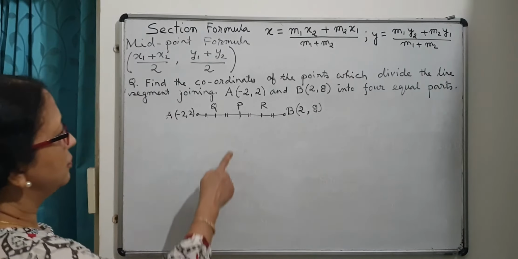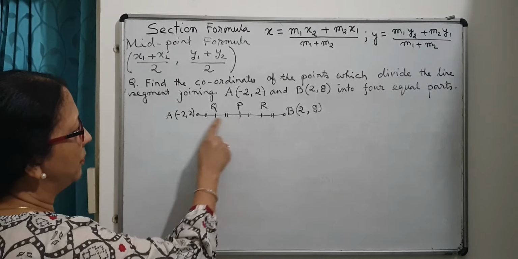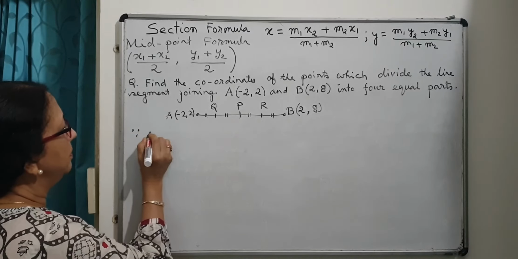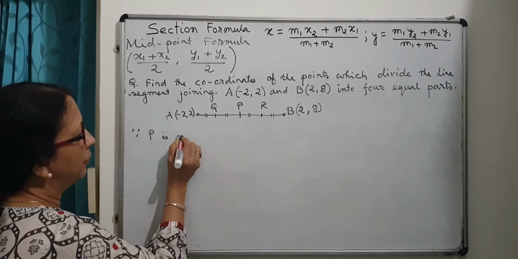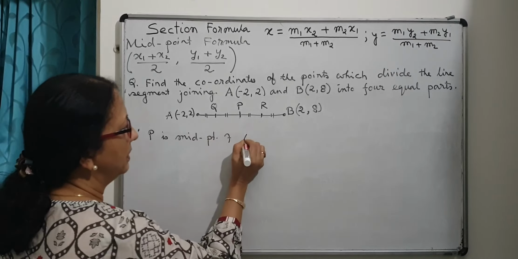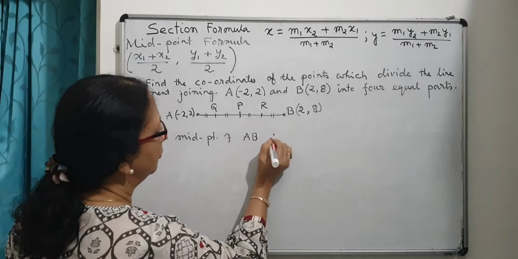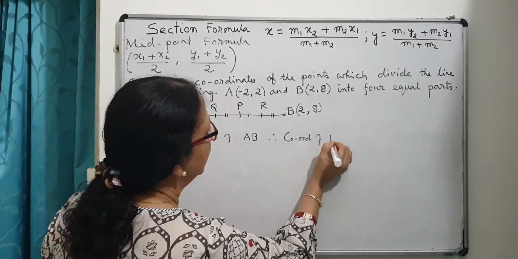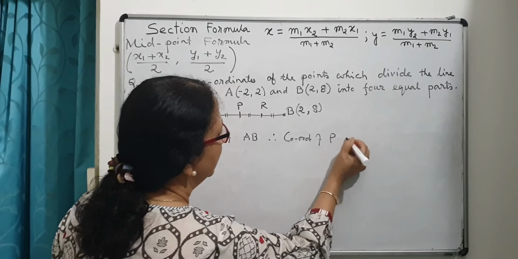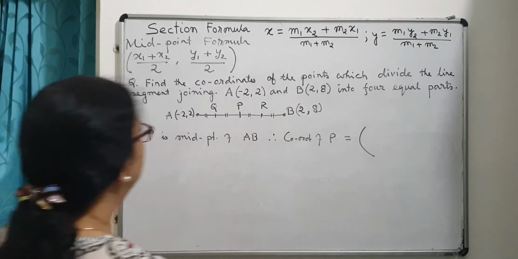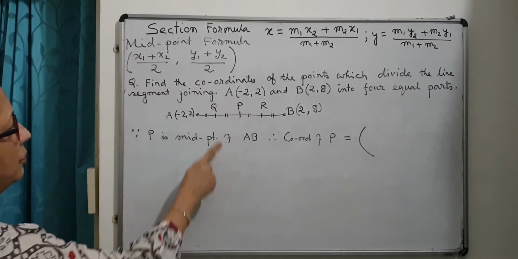So first of all you find this. P is the midpoint of AB. So write, since P is midpoint of AB, therefore coordinates of P will be, by the midpoint formula, I am using this midpoint formula.